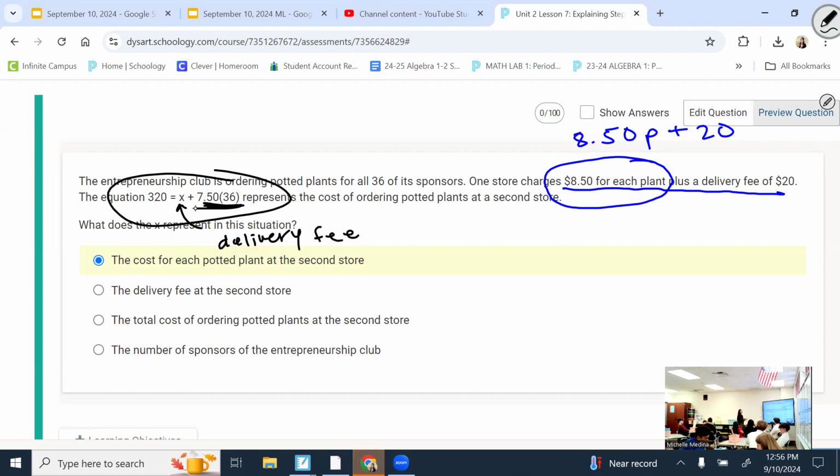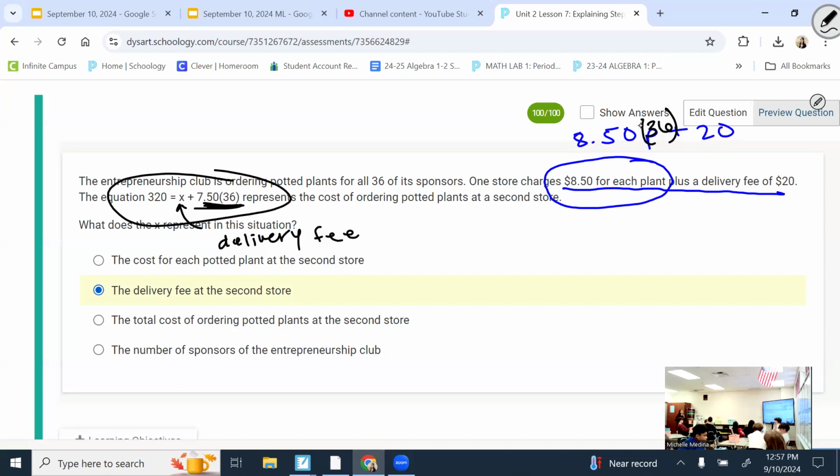Right, and it said 36 sponsors, so I guess I would have done 8.50 times 36 over here. I didn't realize they gave me the value. All right, but yeah, so that seems legit. Let's see which one it is. And that's for the second store. This is my second store equation. So that is the best answer. Right, good. Any questions?